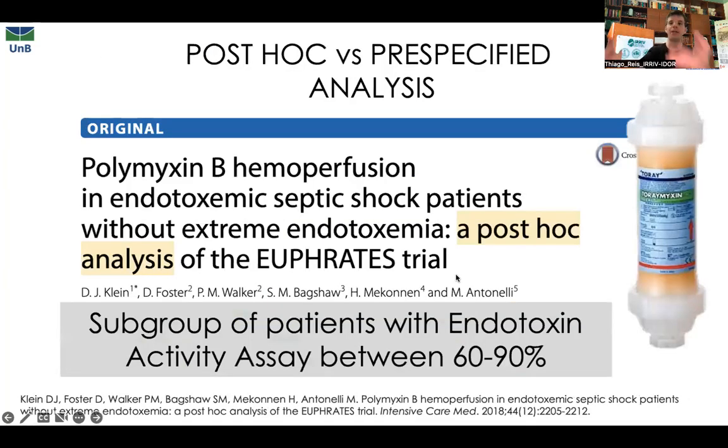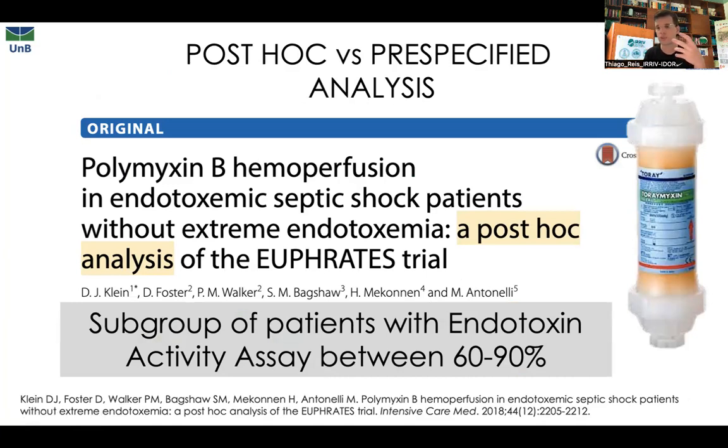And then bringing it to our reality of blood purification, do you remember the EUPHRATES trial in which they compared, in patients with gram-negative infection, hemoadsorption with polymyxin B to remove endotoxins versus sham therapy? And the results were neutral. There was no difference.